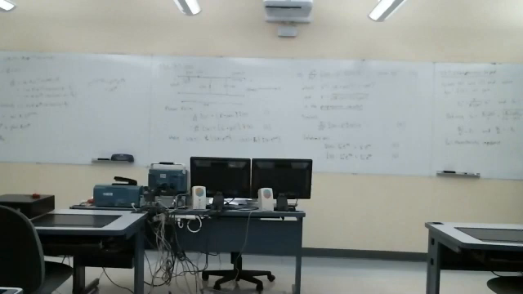Z0, the characteristic impedance, is the square root of this. And that turns out to be 73.93 at an angle of 0.1145 degrees.